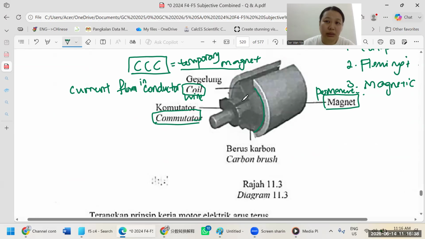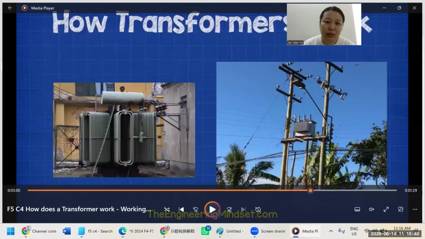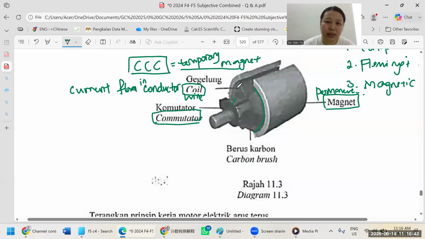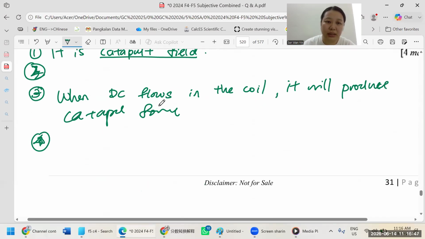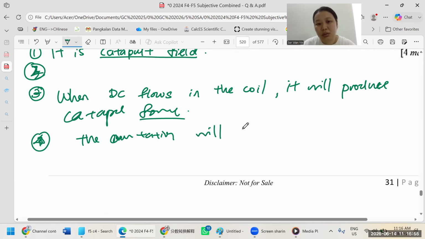What is the commutator? The commutator is this arm. So finally, since there was force, the commutator will start to rotate.